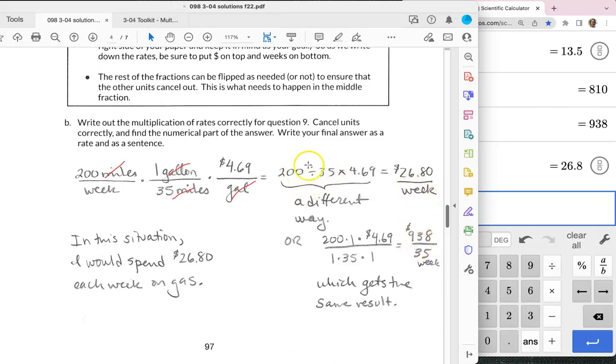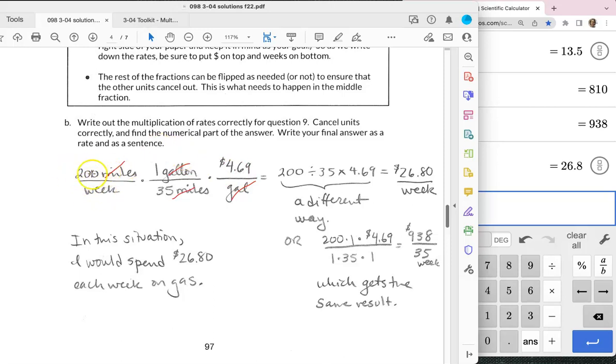I wanted to show you that this is a way that my nursing students taught me. 200, divide by 35, because that's on bottom, and then multiply by 4.69, which is on top. So that's just a little faster. Anywhere there's a 1, you can just ignore it because it doesn't do anything.